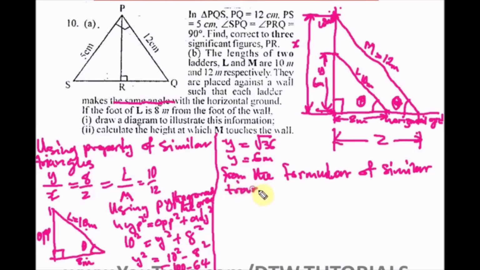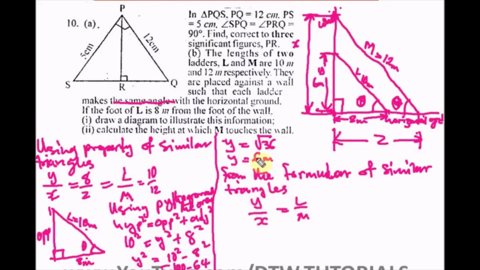Since we know our y now, you just state from the formula of similar triangles, so you are telling the marker that you are referring to this. y over x is equal to L over m.